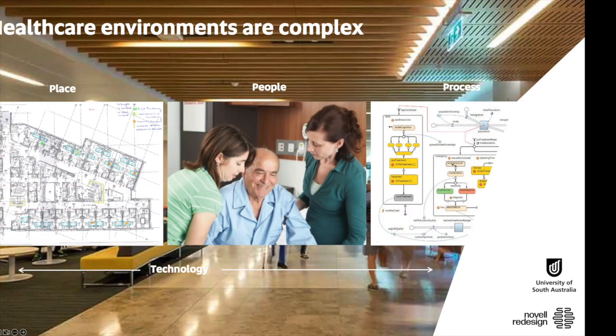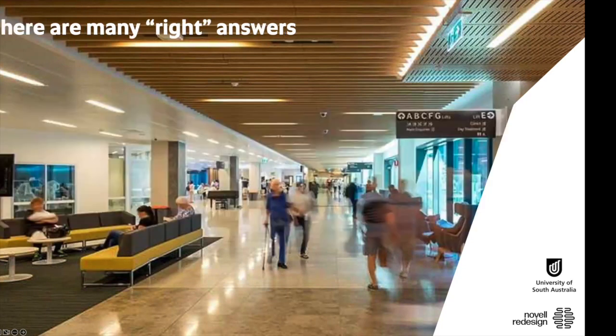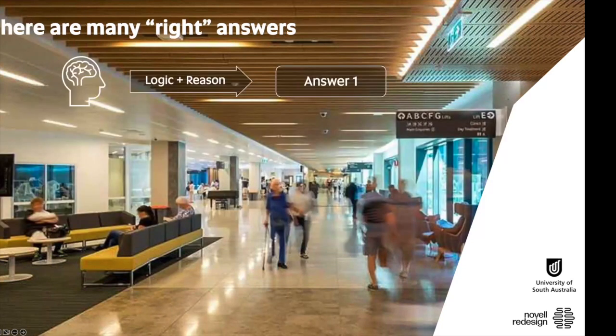Now, if you approach a healthcare design challenge by going to a doctor or going to a nurse, you will find that they can come and tell you what is the right answer for the hospital, or the ward that you're designing, or the bedroom that you're designing, or whatever it is that you have been set the challenge of. So you think, wonderful, they applied logic and reason and they gave you the answer.